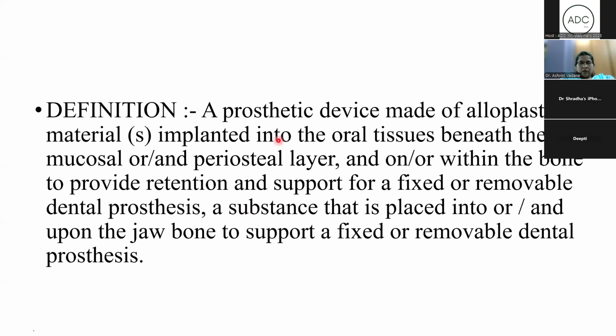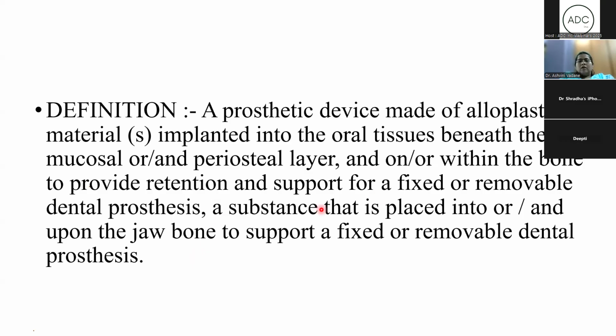There is one more definition, the textbook definition. It is a prosthetic device made of alloplastic materials implanted into the oral tissues, on or within the bone, to provide retention and support for a fixed or removable dental prosthesis; a substance that is placed into or upon the jawbone to support a fixed or removable dental prosthesis.